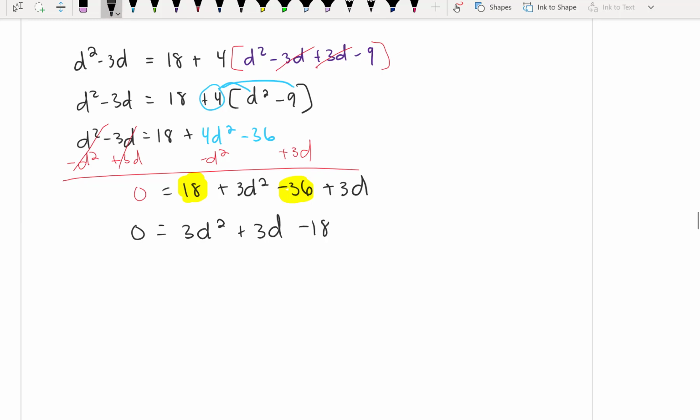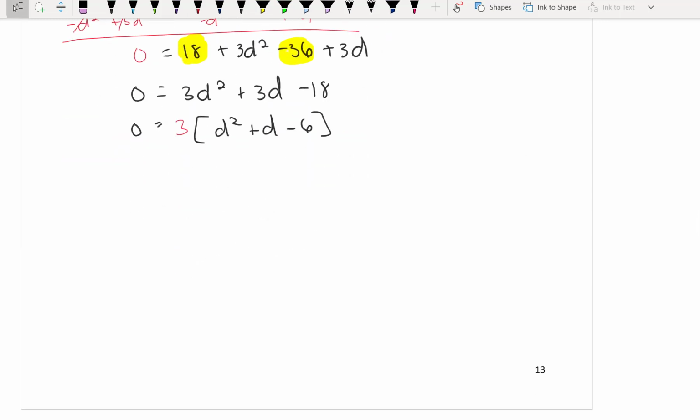Well, when I factor here, I can definitely see that my greatest common factor is a 3. So I'm left with d squared plus d, and 18 divided by 3 is a positive 6. So if you want to do the AC method, that's fine. Some people like it. So it looks like the leading coefficient is 1, and my C is a negative 6, so I have a negative 6 and a positive 1.